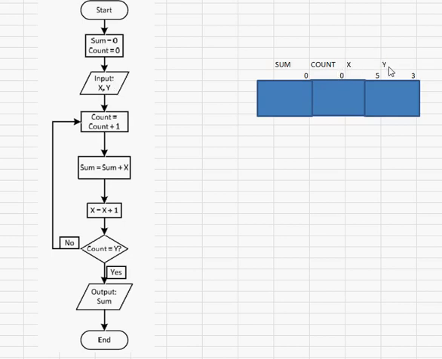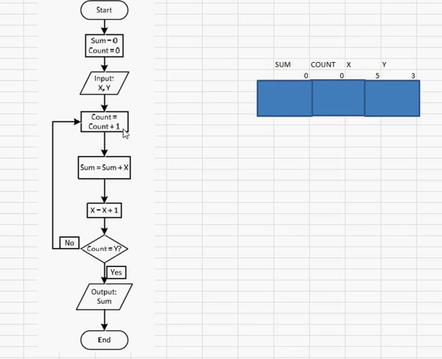So the question goes, if your x is 5 and your y variable is 3, what would be the output of the flowchart? So we put down what the variables are in terms of what they declared. So sum is 0, count is 0, x is 5, and y is 3.